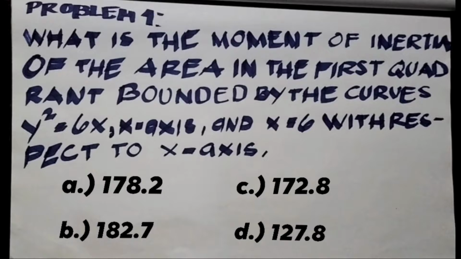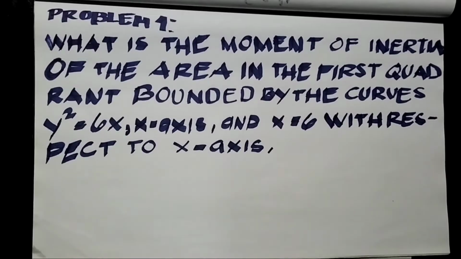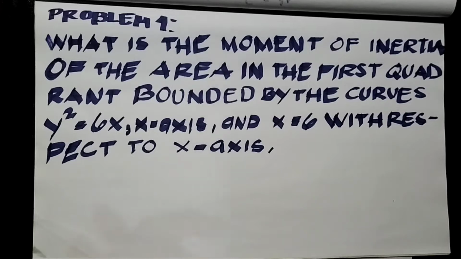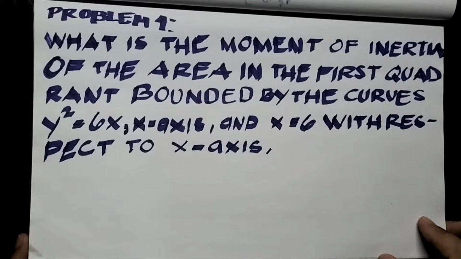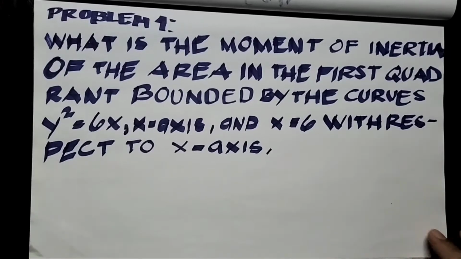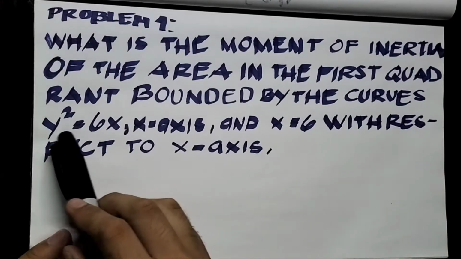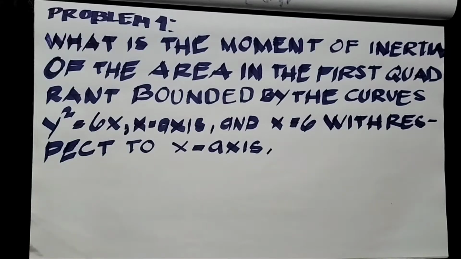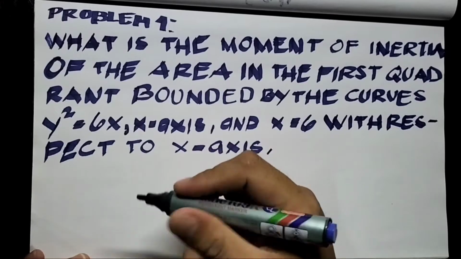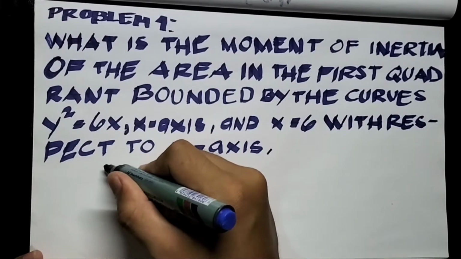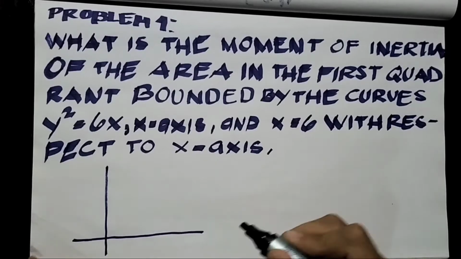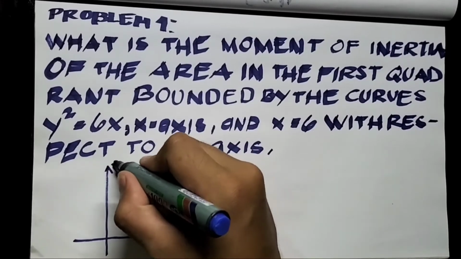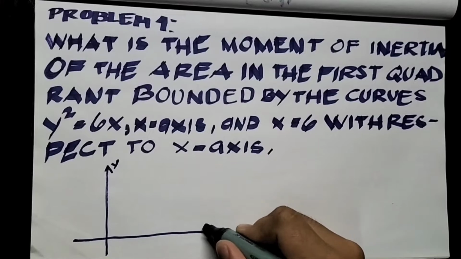So, guys, ito po yung ating problem number 1. So, the first thing to do is to graph this curve. The y squared is equals to 6x. So, alam ko, marunong naman tayo lahat mag-graph na. So, ang graph lang yan is ganito lang yan. This is the y-axis, this is the x-axis.